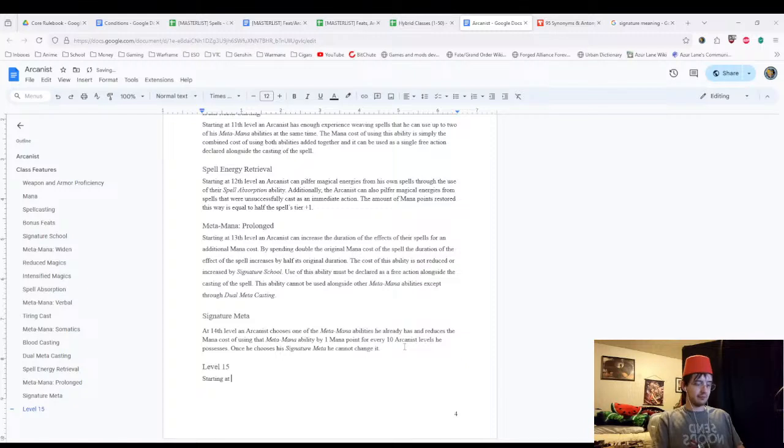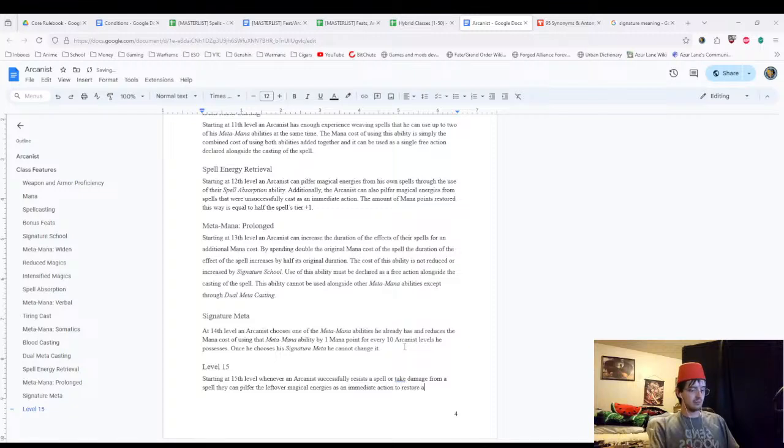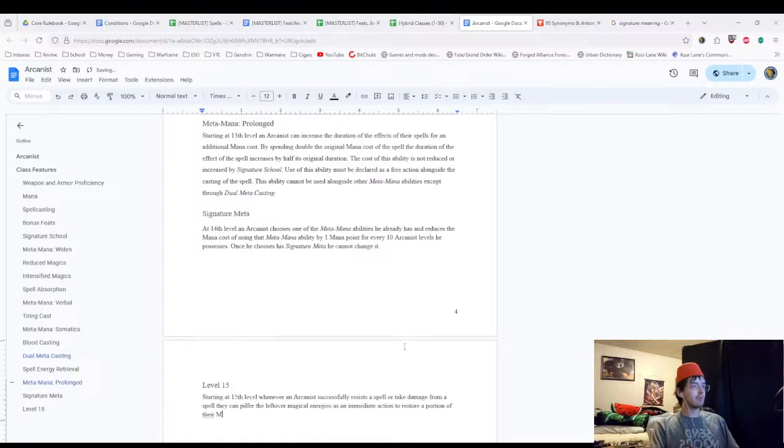Starting at 15th level, the idea behind this ability is whenever they successfully resist a spell or take damage, they can steal the leftover magical energy to restore their mana pool.